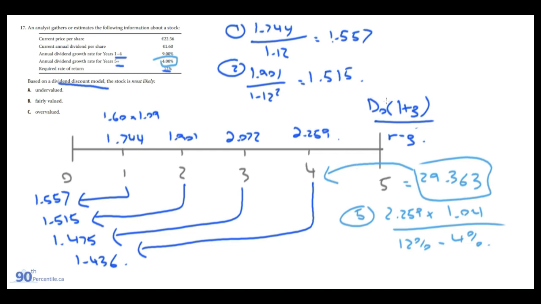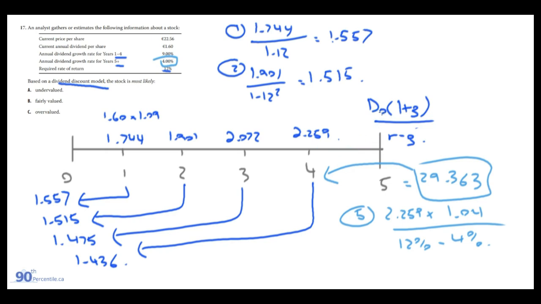Because similar to when we did the single-stage Gordon growth model, we're taking the dividend as of time 0, adding a growth rate, and then when you discount it, it discounts it back a year, right?